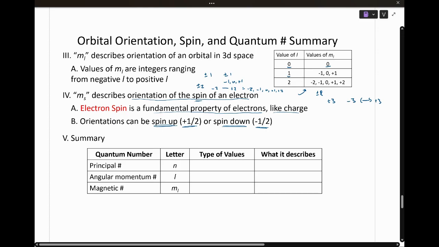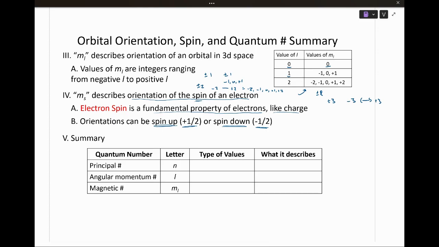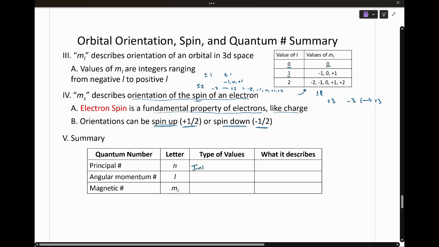Okay, so let's summarize these first 3 quantum numbers. We have the principal number n. The values you can see for this are integer values greater than or equal to 1, and what this describes is the energy of an orbital and its size.